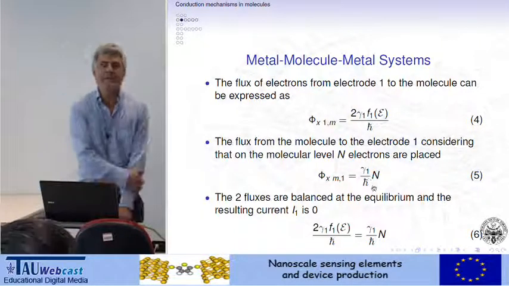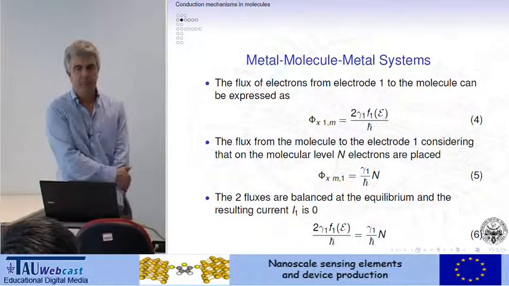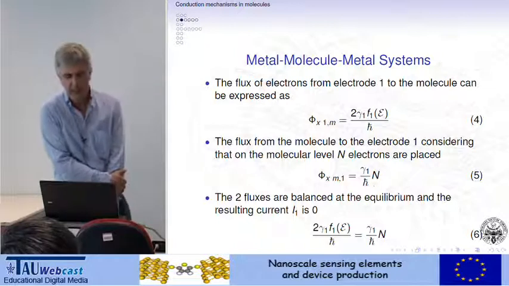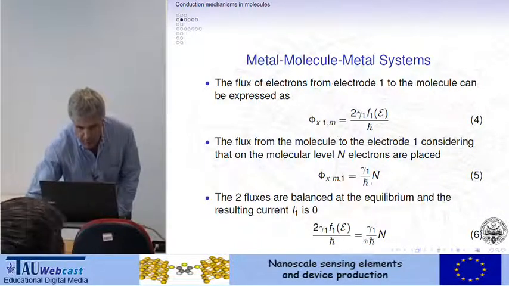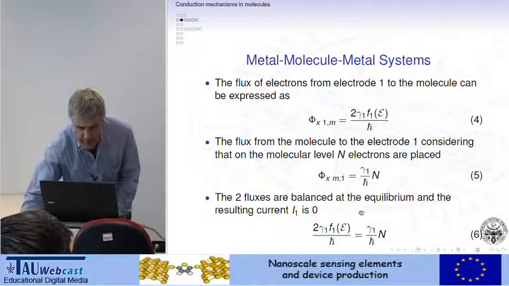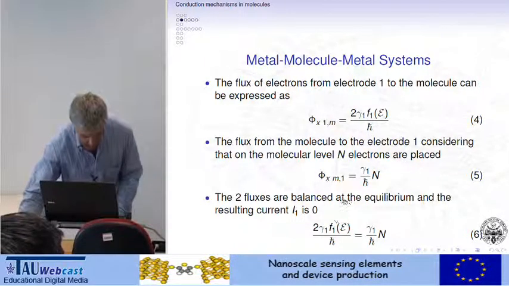So when the system is at equilibrium, the two fluxes are the same. So we can equate this expression to the second one. The last expression is just the balance of the two fluxes. The flux from the electrode to the molecule is balanced exactly by the flux from the molecule to the electrode.